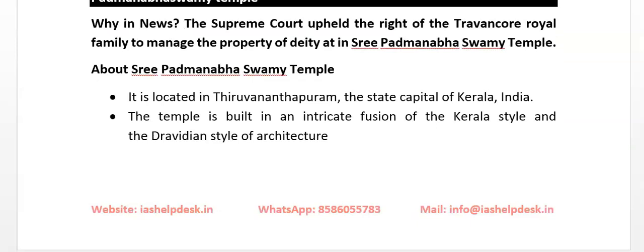So, Padmanabha Swami temple is located in Thiruvananthapuram, which is the capital of Kerala. And the design of the temple, if we see, is not a typical Dravidian style. In fact, it is a fusion of Kerala style and Dravidian style.